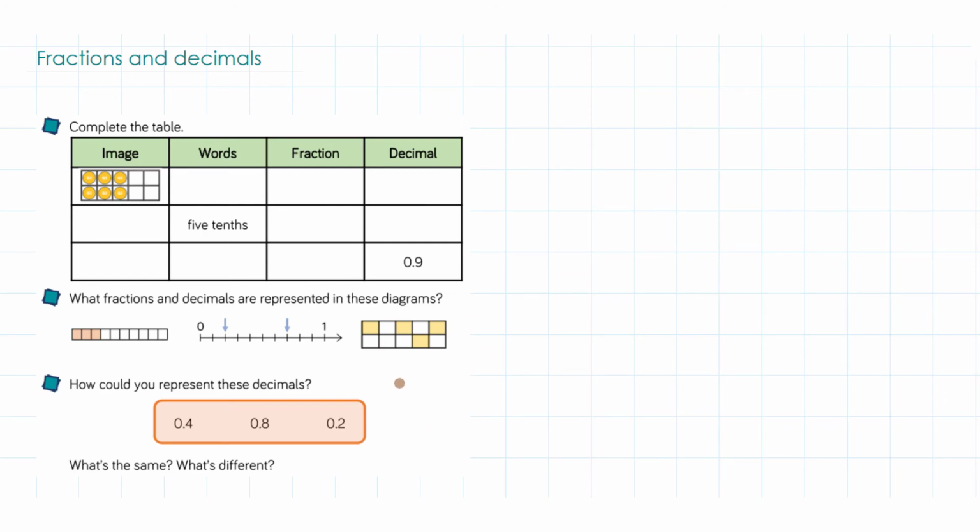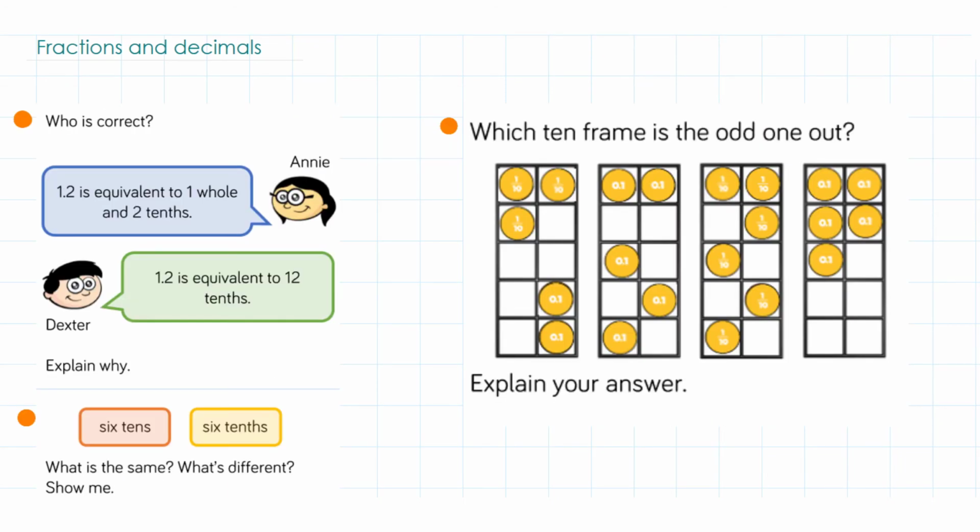And the third one, how could you represent these decimals? There's lots and lots of different ways of representing them. So how many different ways can you find? 3 more problems there. Explaining, thinking, showing in different ways. Thinking about our understanding of fractions and decimals.